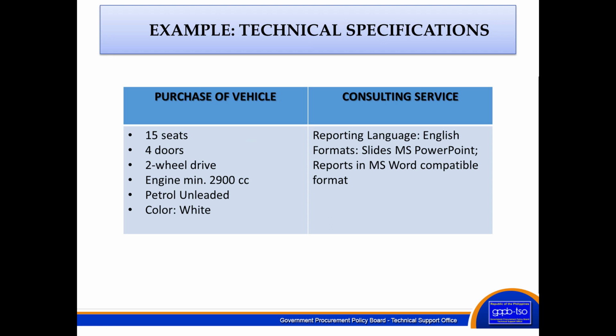Enumerated in the example, we have 15 seats with 4 doors, and it should be 2-wheel drive, with a minimum engine displacement of, say, 2900 cc, and the engine should use unleaded petrol, and of course the color is already specified.